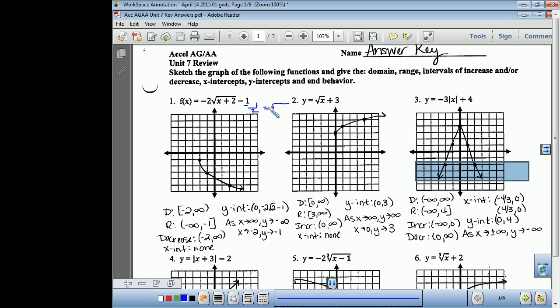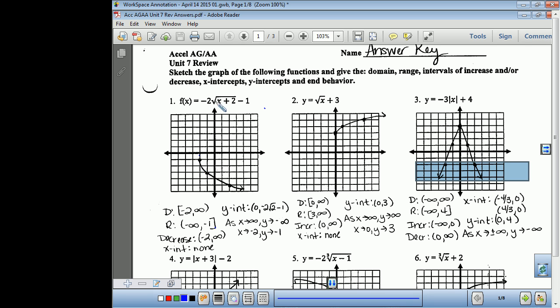Is it possible to take the square root of anything and get negative 1/2? No, it's not possible. So in this case, we would see that there is no x-intercept because what we're trying to solve doesn't work. But we could just look at the graph because we have the graph. That would be the best way to do that one.